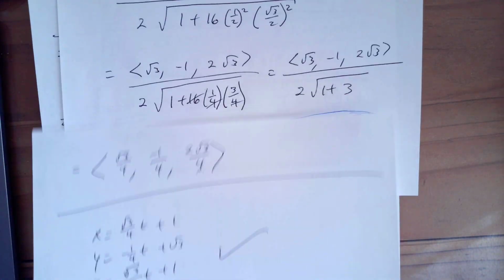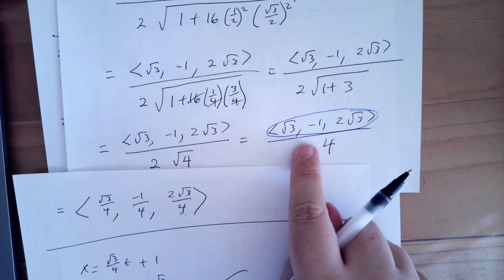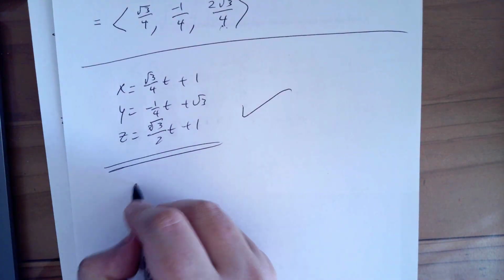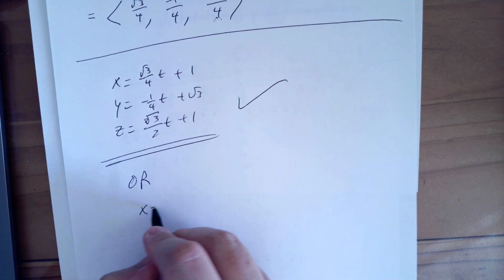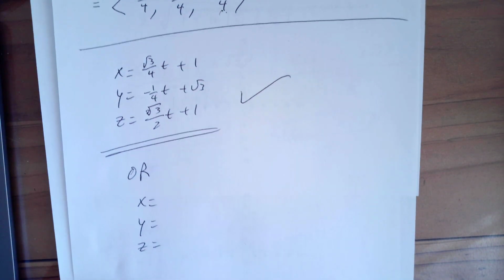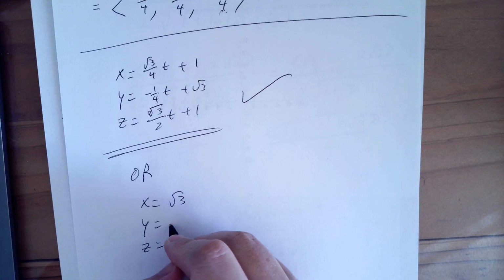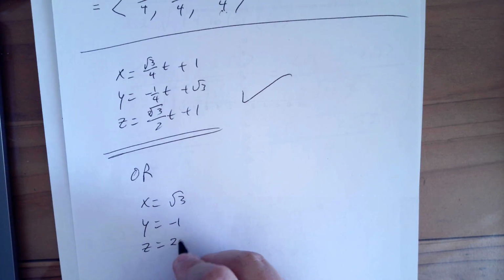But you could also use these as your direction numbers and write it out this way. So I'll put this as an OR here. X, Y, and Z. You could write this out as square root of 3, negative 1 there, 2 square root of 3 here.